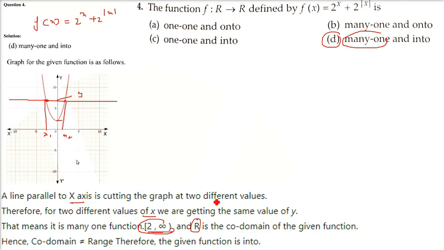That means this function is into, because if codomain is equal to range, we say this function is onto. But this is many to 1, and since codomain is not equal to range, it is into. Let me reiterate again: if codomain and range are the same, then it is onto. But here the codomain and range are not the same. It is into.